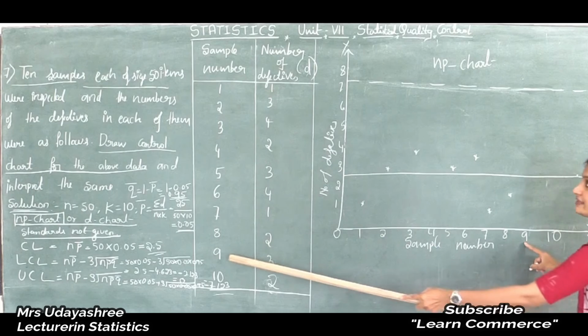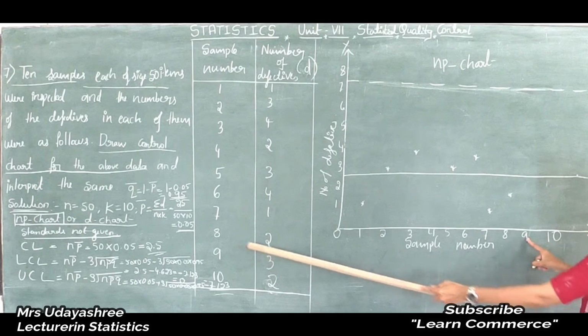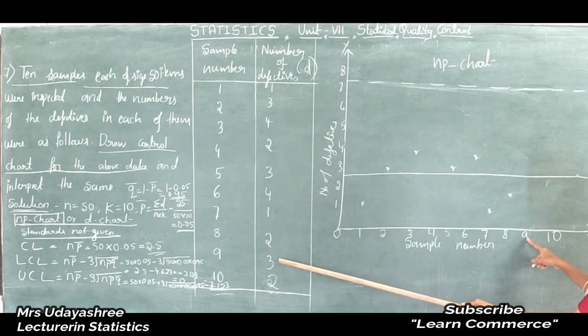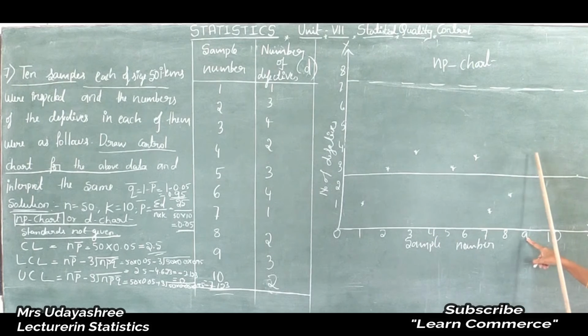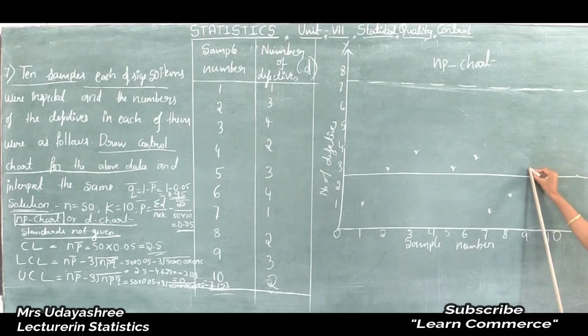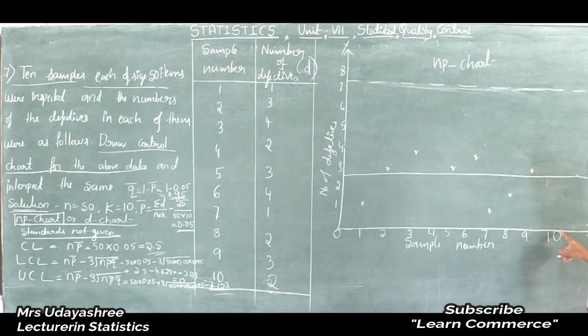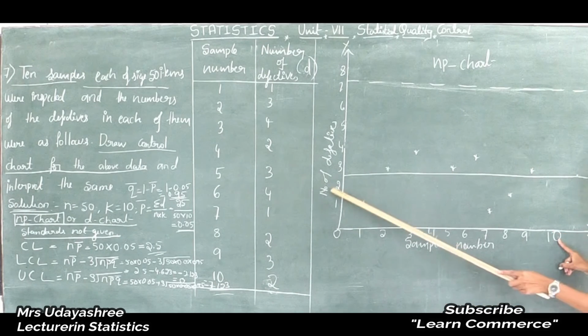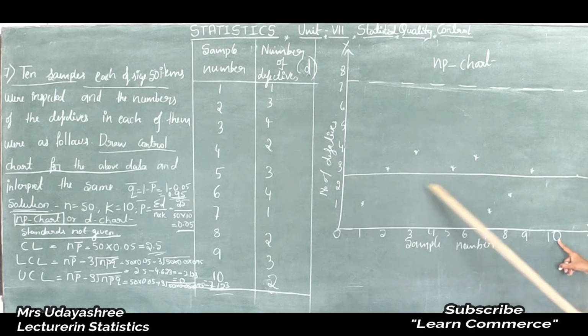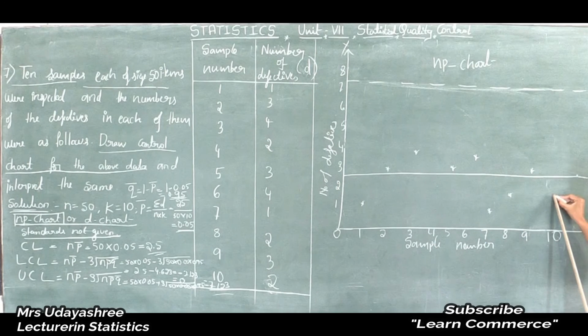Next, sample number 9. See, 9 is here. The corresponding value 3 is here. So that place is here. Here I will put one mark. Next, 10 and 2. So sample number 10 is here. Number of defectives 2 is here. That corresponding place is here. So here I will put one mark.